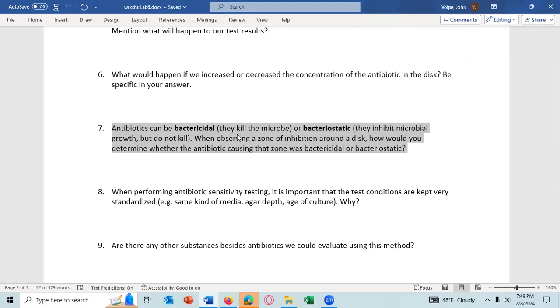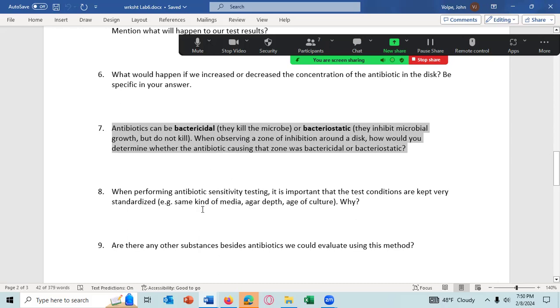Okay? 8, when performing antibiotic sensitivity testing, it is important that the test conditions are kept very standardized, meaning we use the same type of media, Mueller-Hinton plates. We always have the same agar depth, 4 millimeters.